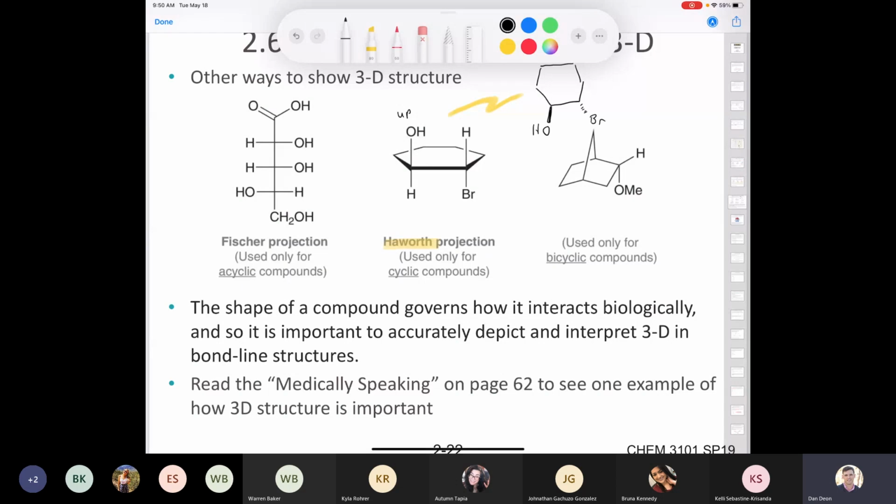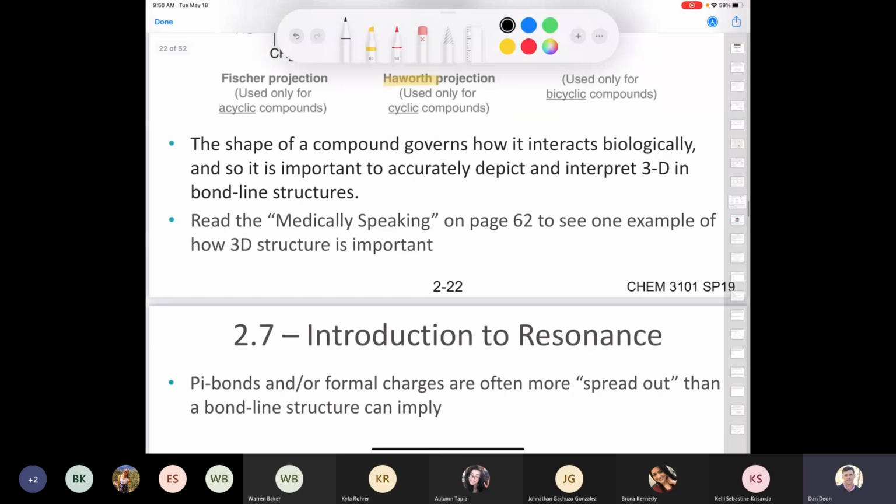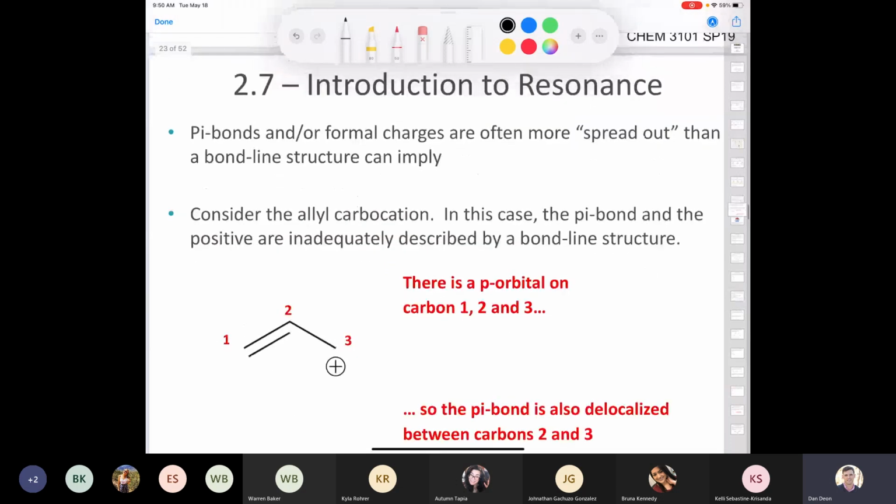And so we could talk about this all day, and we'll talk about it more in chapter 5. But the 3-dimensionality of a molecule is very important in terms of its biological activity, because our bodies are 3-dimensional structures.